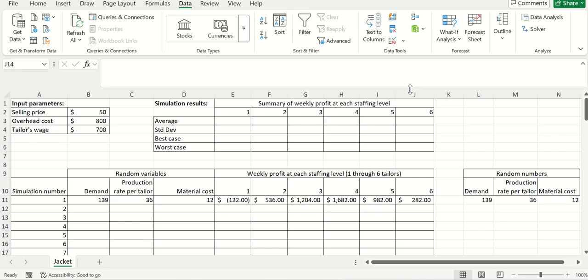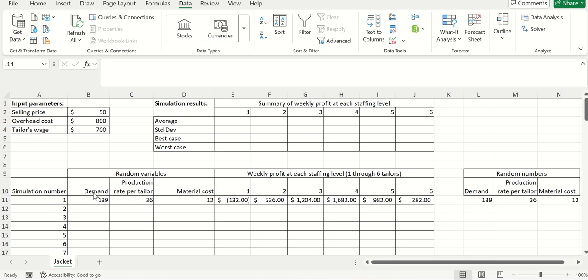We're going to use example 16.6 out of the Jagia et al. Business Analytics textbook. And when you look in there, there's a scenario where Abigail is trying to determine the number of tailors that she wants to employ so that she can maximize profits. Again, profits are associated with revenue.